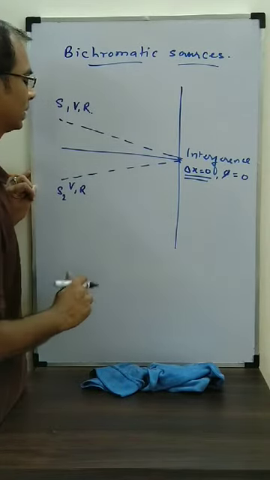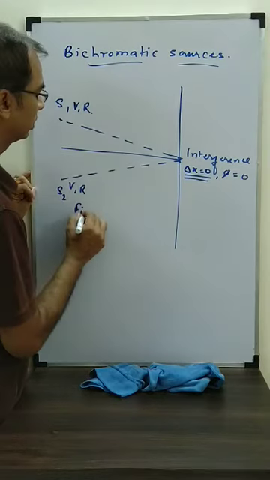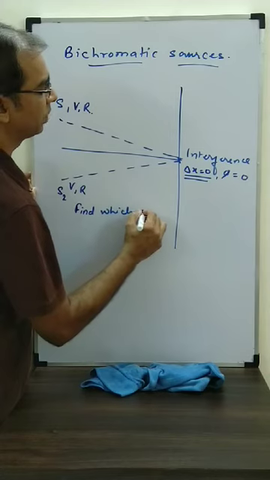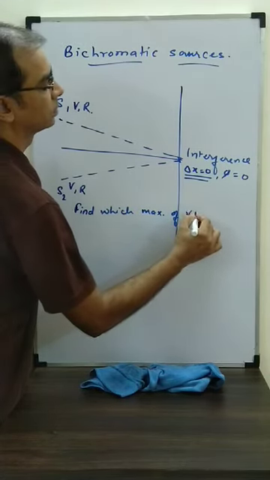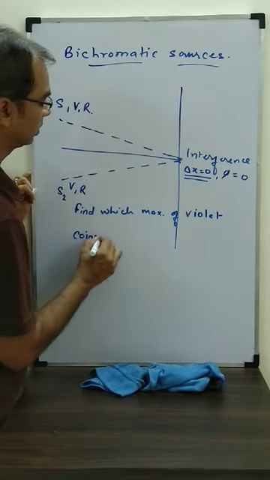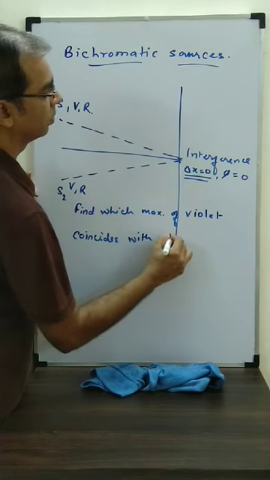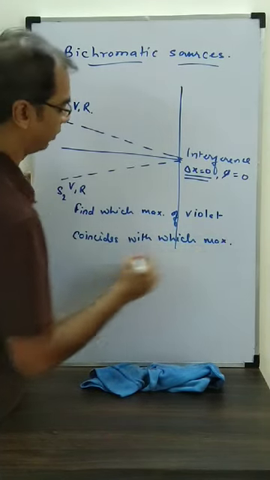Now what is the question asked? Find which fringe or which maximum of violet coincides with which maximum of red color.